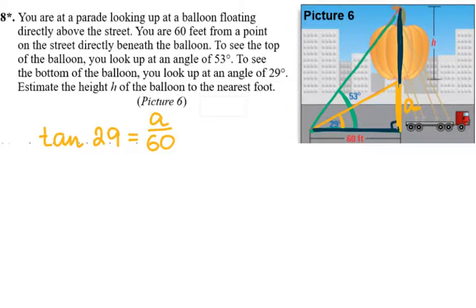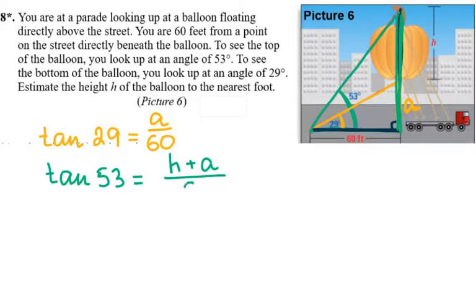And for the green triangle, I'm going to say that the tangent of 53 is equal to h, the height of the balloon, plus A, over 60.